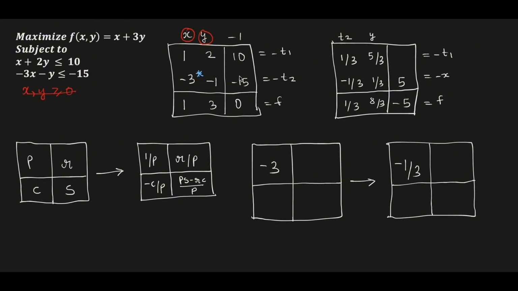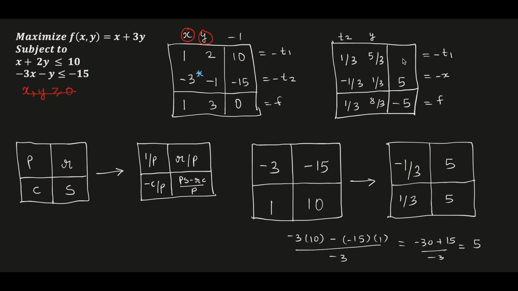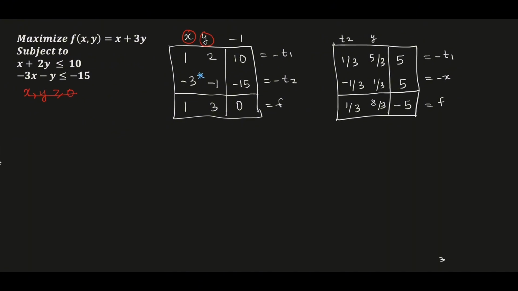Now for the remaining value, -3 is the pivot, and C is 1, and R is -15, and S is 10. Now let's solve it. So here we also got positive 5. Now that we have the equation for -x, we can record it.